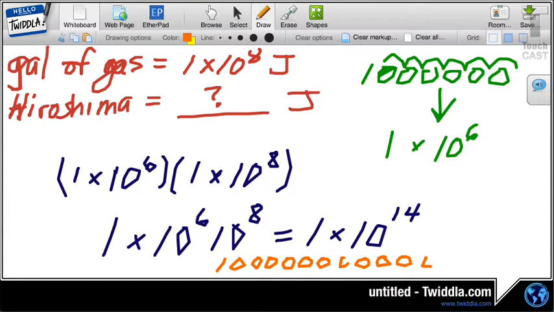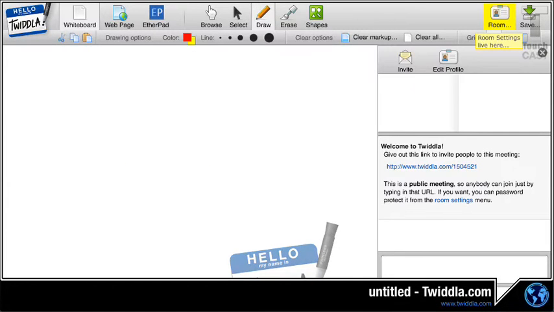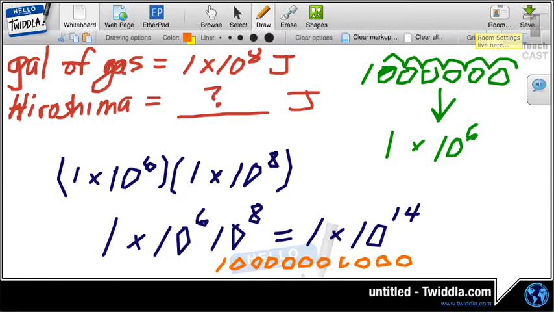Come on. I was writing out my joules here. 1, 2, 3, 4, 5, 6, 7, 8, 9, 10, 11, 12, 13, 14. Put in some commas. Boom, boom, boom, boom.